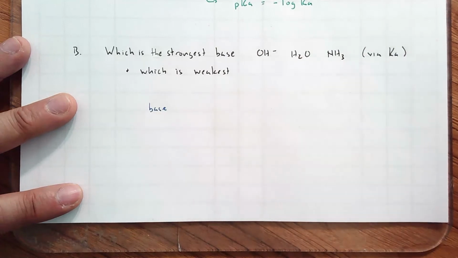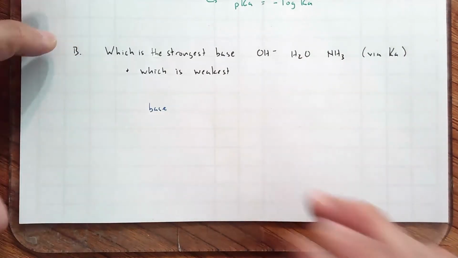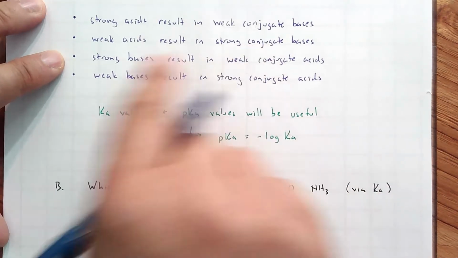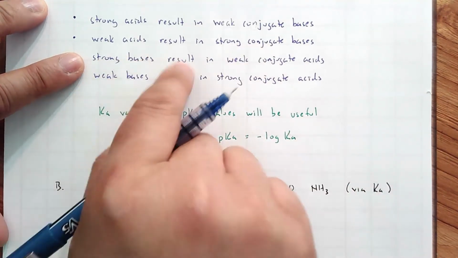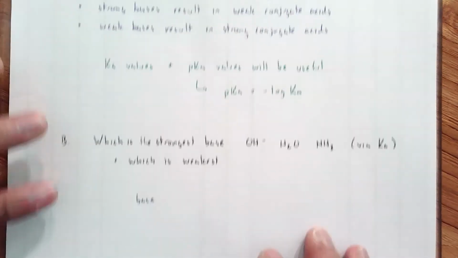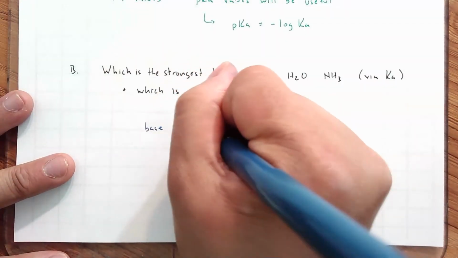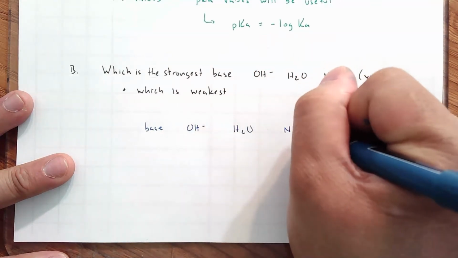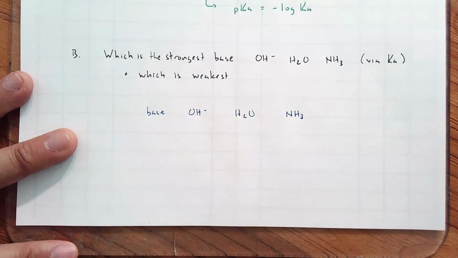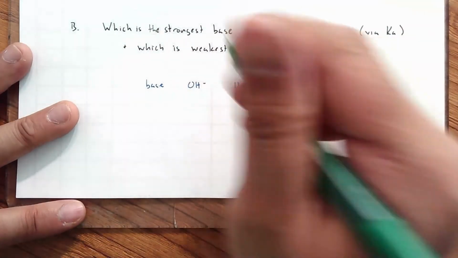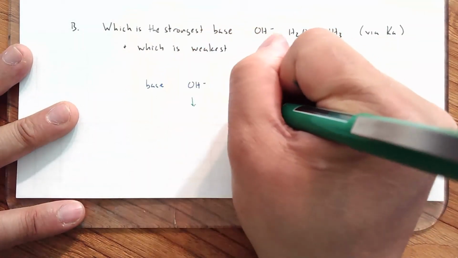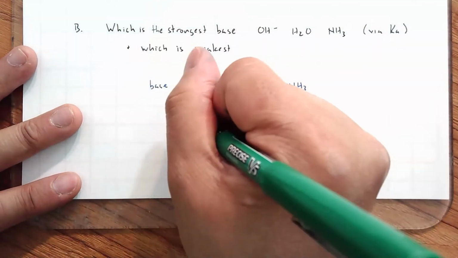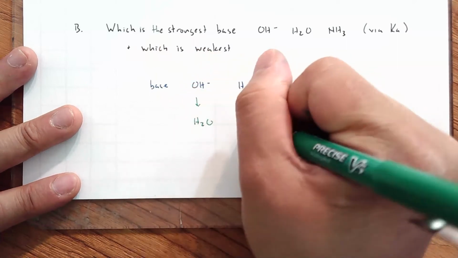We need the conjugate acids. Maybe it's this trend: strong bases result in weak conjugate acids. What that means is we should be drawing the conjugate acids and finding their pKa's. This is how I would solve it. Each of these acts like a base, picks up a proton, and becomes, as you know, the conjugate acid.